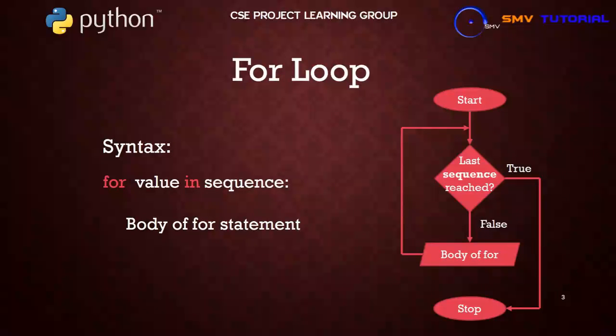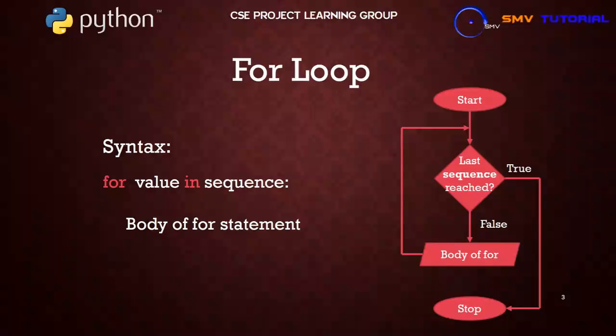First, I will show the for syntax: for value in sequence, then the body of the for statement. The colors change because for and in are keywords, so they are shown in a separate color. Next, see this flow chart.